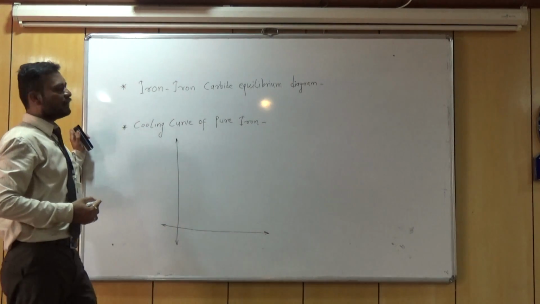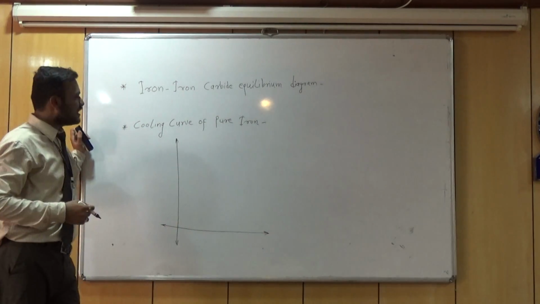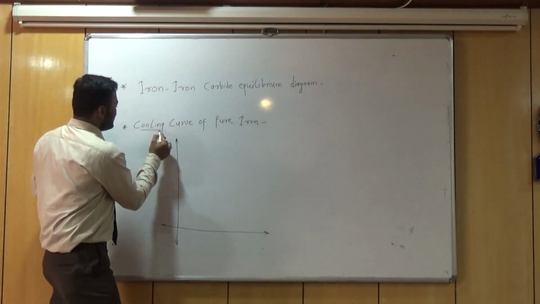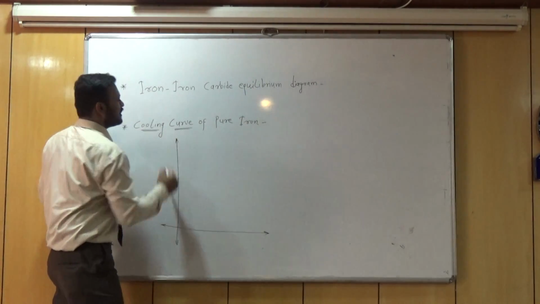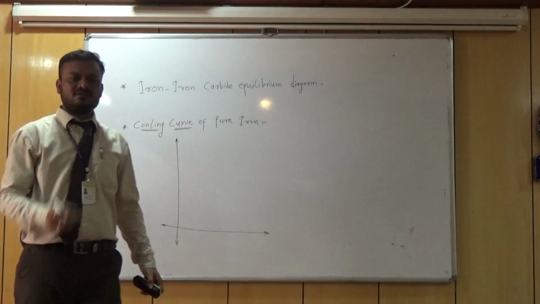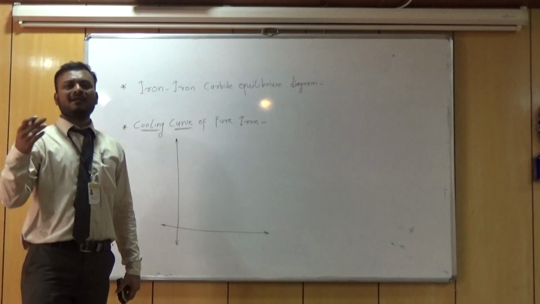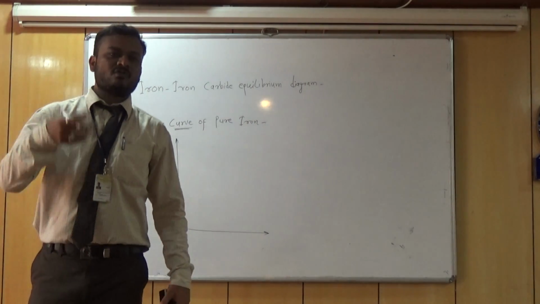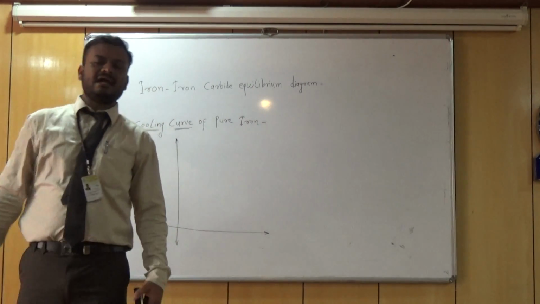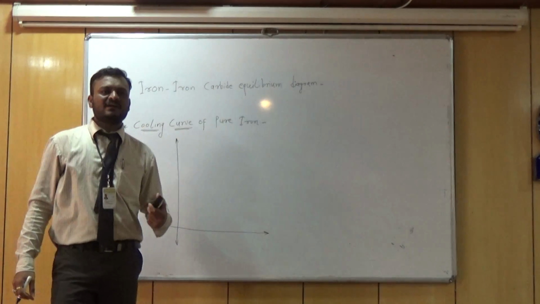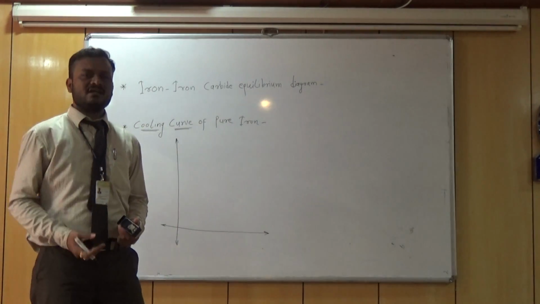First we will see what the meaning of cooling curve is. Suppose we have taken a metal or alloy, and from room temperature we have heated that alloy up to its melting point, and it gets transformed to the liquid state.